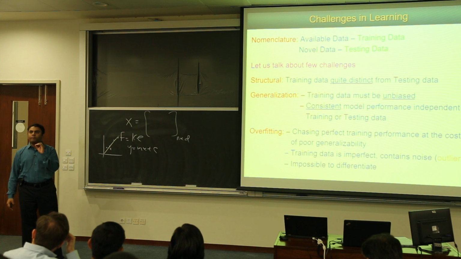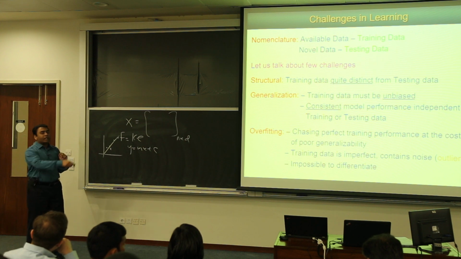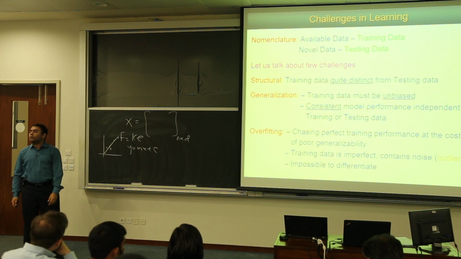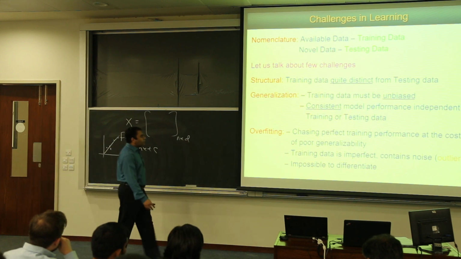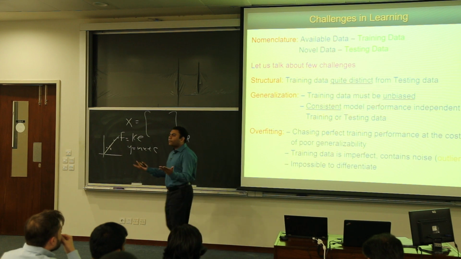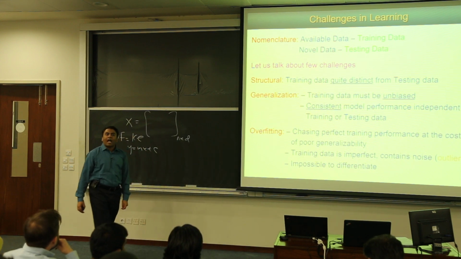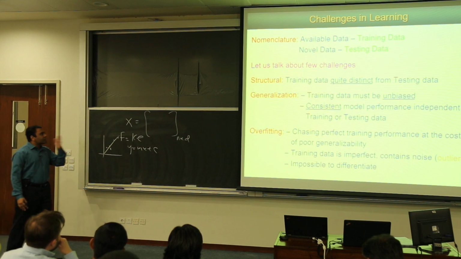So my training data has to be unbiased, which it is not, and my training data should be pure, which again, it's not true. Training data has all these disturbances. And sometimes it's quite impossible to differentiate whether something is noise or something is actually valuable to us. It's very, very difficult. So these are the challenges that we have.